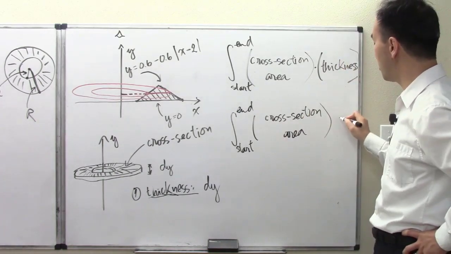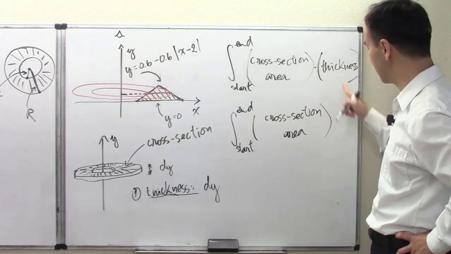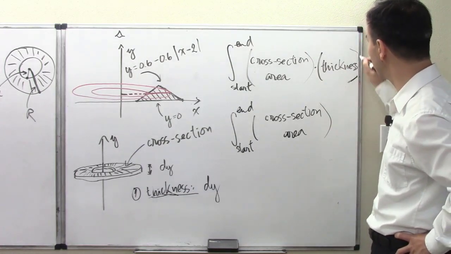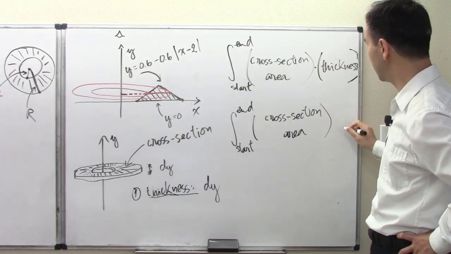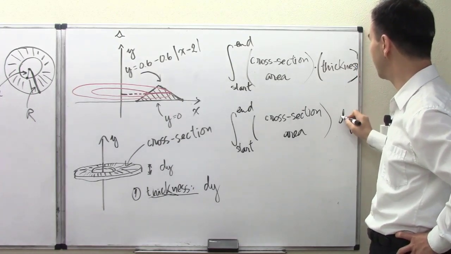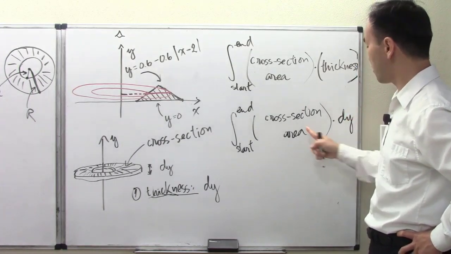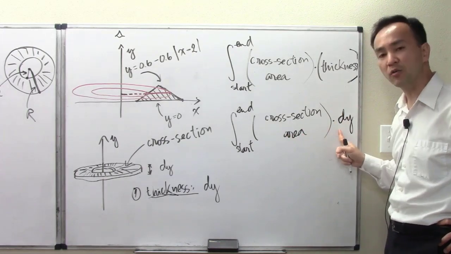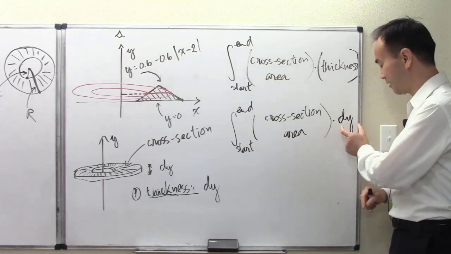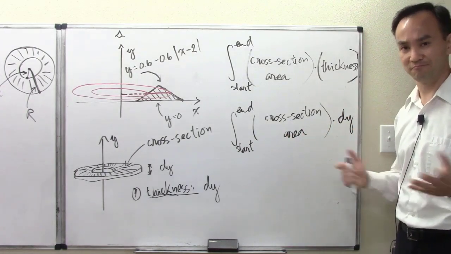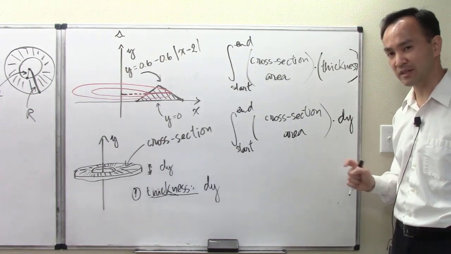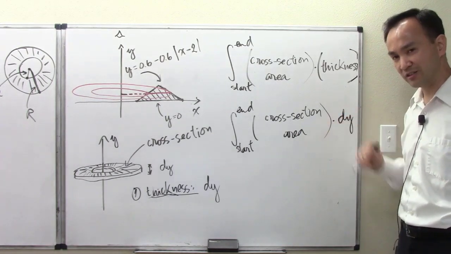But now we know for sure the thickness, just recognized through the picture, has to be dy. So every cross-section area must be multiplied with a thickness being dy. That's how it's placed appropriately into the formula.